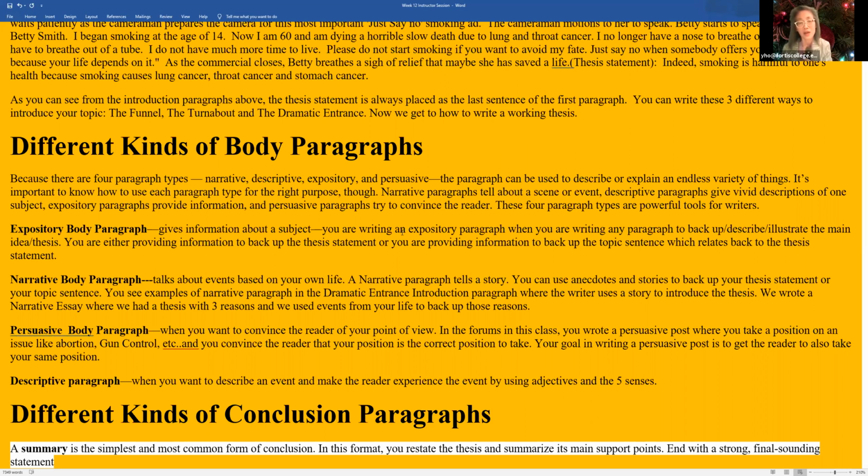You would say that according to Dr. Smith, he saw patient X and he found research about something. So when you're talking about somebody else and case studies, that's when you use an expository body paragraph. When you're talking about yourself and your experiences to prove your thesis, that's called a narrative body paragraph.